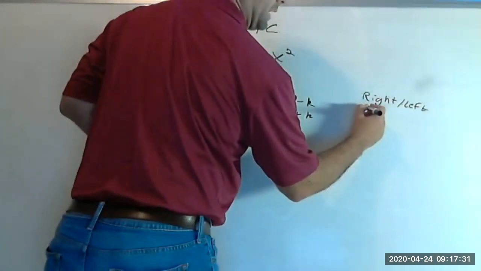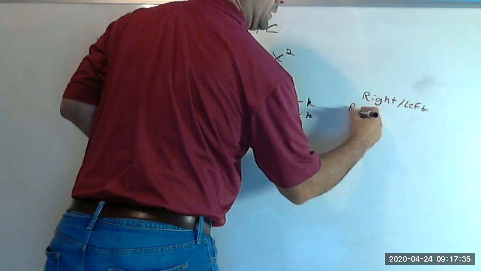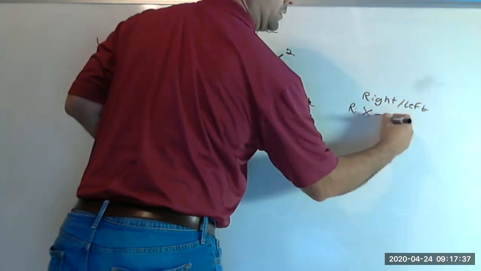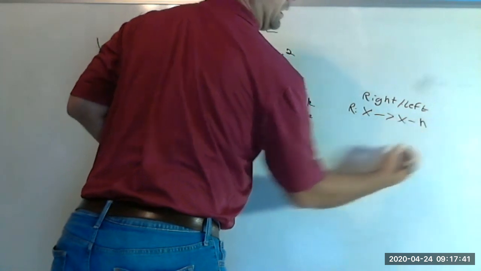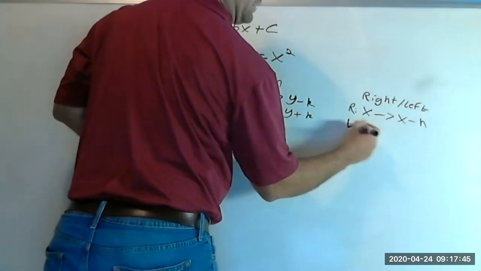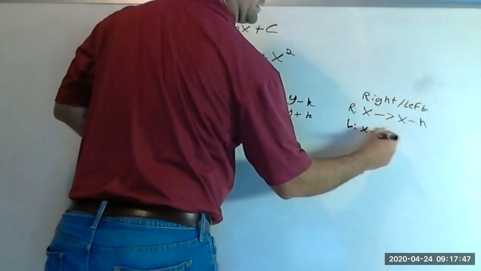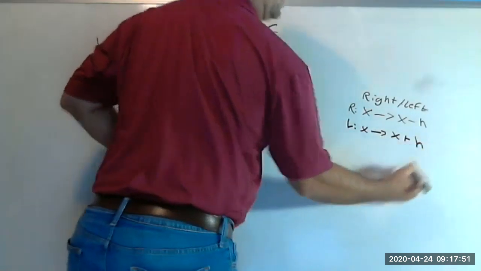So if you want to go right to left, if you want to go right, x goes to x minus, I'm going to call it h, and left, x goes to x plus h.